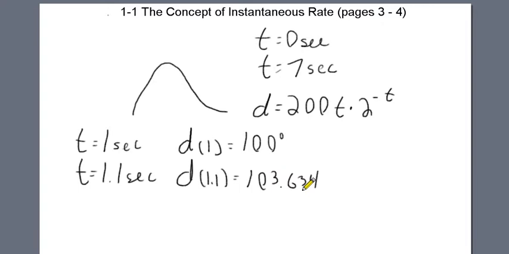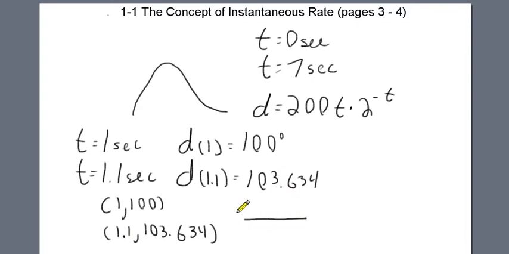Now, to get us the speed, we want to know the rate of change between these 2 points, the point (1, 100) and the point (1.1, 103.634). Well, it's the standard slope equation.